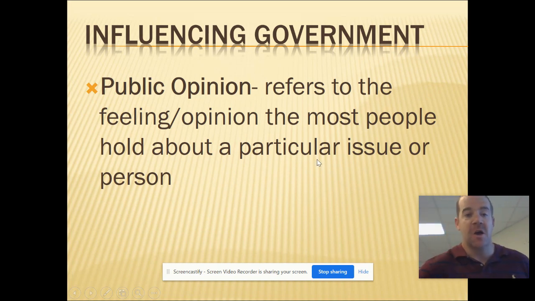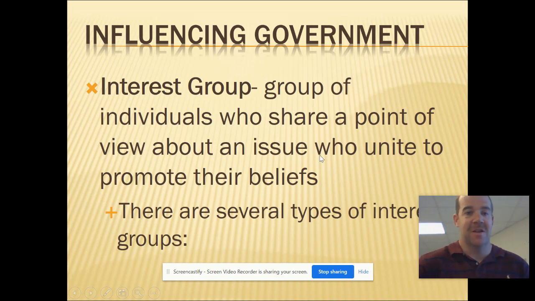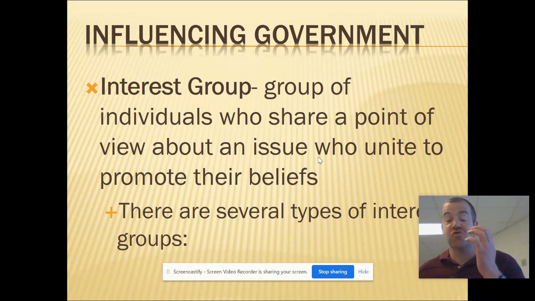Influencing the government. Now, there's a question about this one. An interest group is a group who share a point of view about an issue. They unite to promote their beliefs. An interest group could be maybe the NRA, someone who strongly supports the Second Amendment.